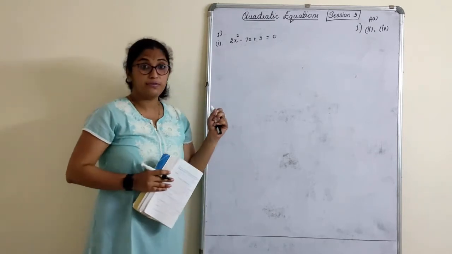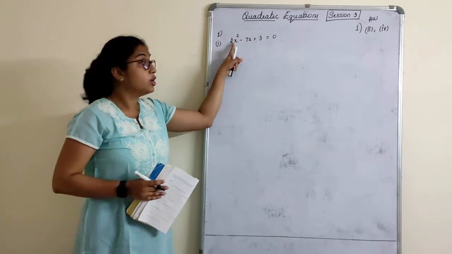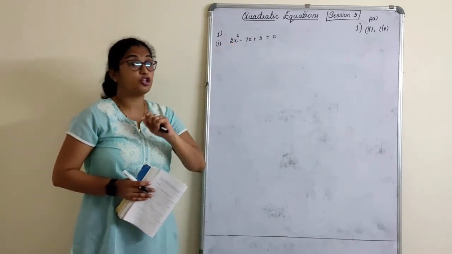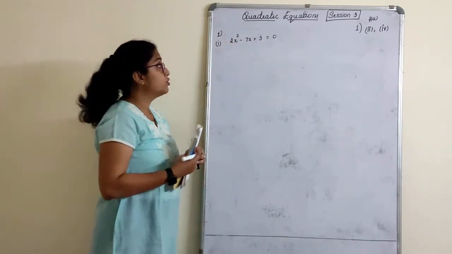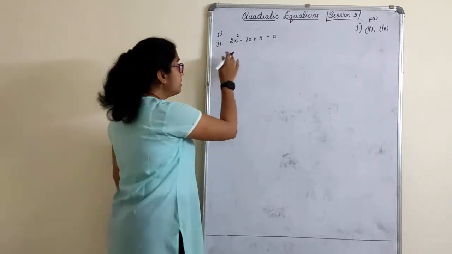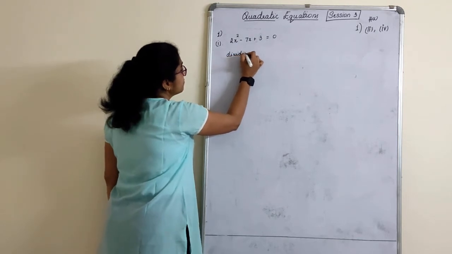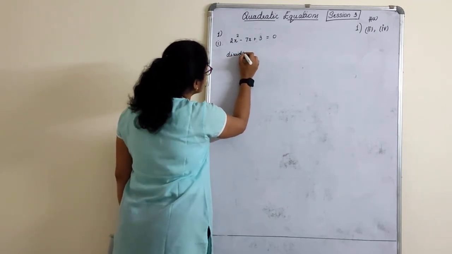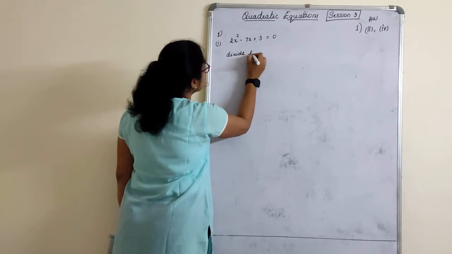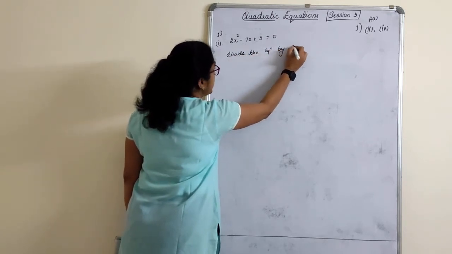What's the first and foremost step? We have to see that the x square coefficient should be 1. It should not be any number. So what we do here, you need not write step 1, step 2, but divide the equation by 2.